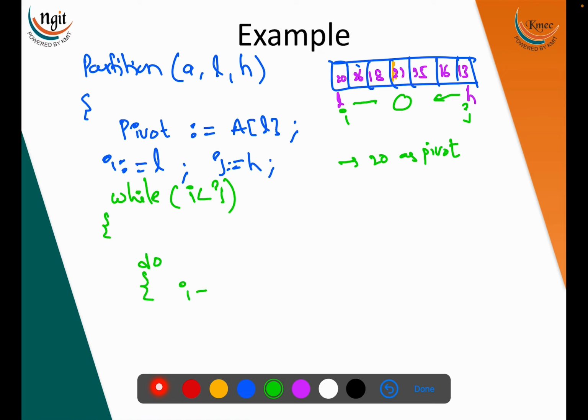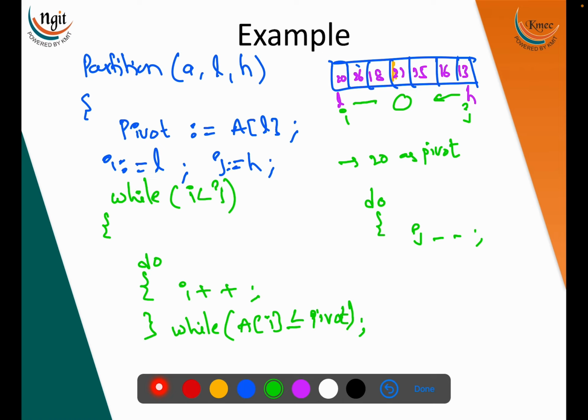What is this? I plus plus, and while we compare A of I less than or equal to the pivot element, when you find this condition, increase the I and do J minus minus.